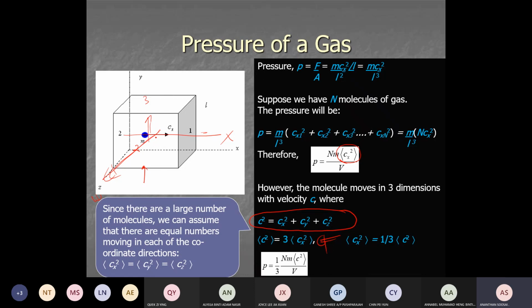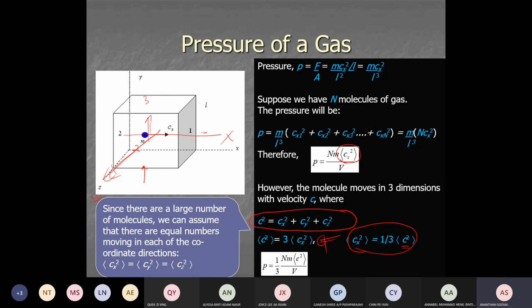If you have 900 particles, 300 move horizontally, 300 move vertically, 300 move coming out of the page, to exert the same pressure throughout. That's why cx, cy, cz must be the same. So cx squared is actually 1/3 of c squared, the actual speed.